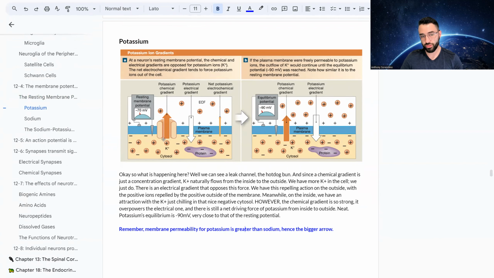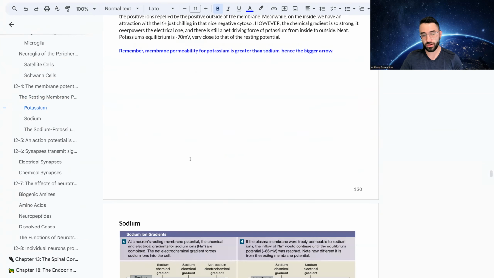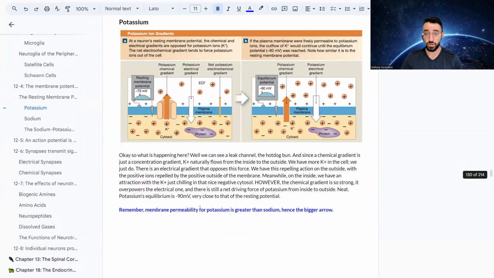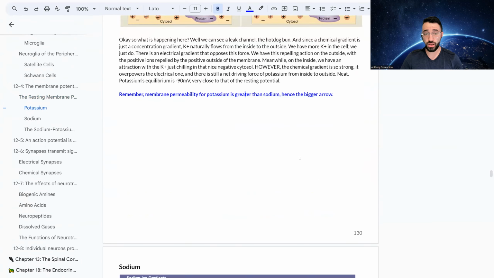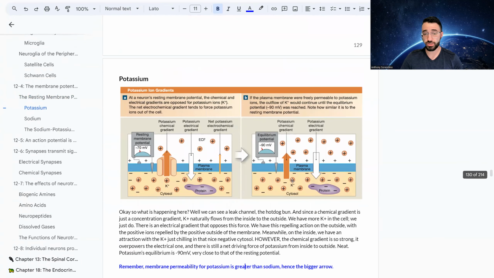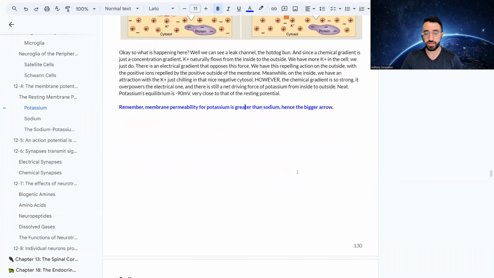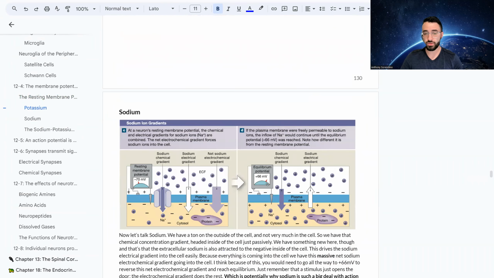So there's a kind of a thicker arrow here, and there's a thinner one with sodium coming down, okay? 2 numbers you do want to memorize is that the equilibrium potential of potassium is -90 millivolts, and the equilibrium potential of sodium is +66.